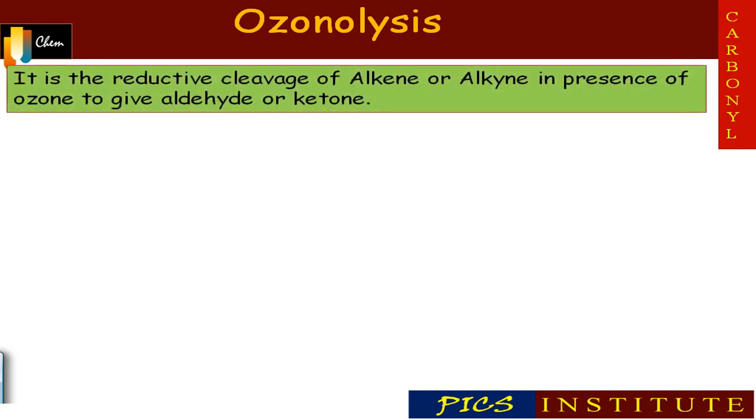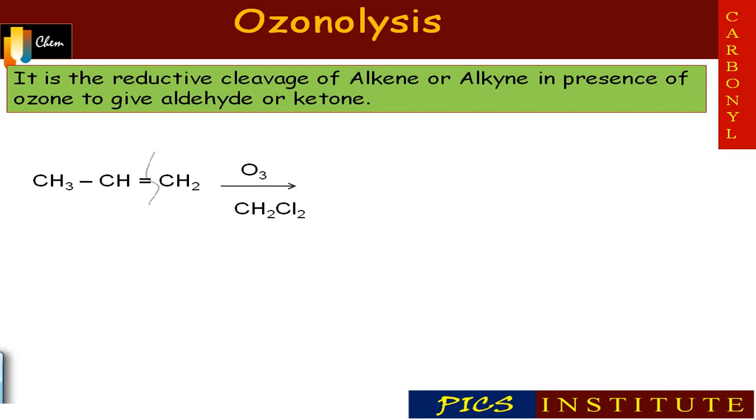Ozonolysis may be defined as reductive cleavage of alkene or alkyne in presence of ozone to give aldehyde or ketone. So during this reaction, alkene and alkyne form aldehyde or ketone. Reaction takes place as ozone in solvent like CH2Cl2 reacts with alkene.